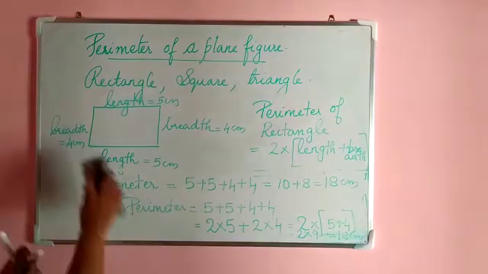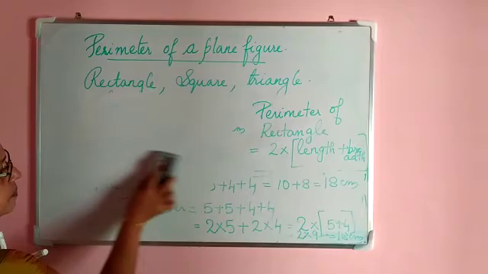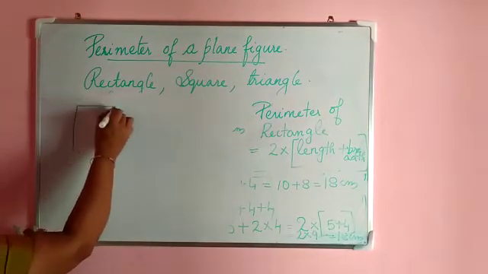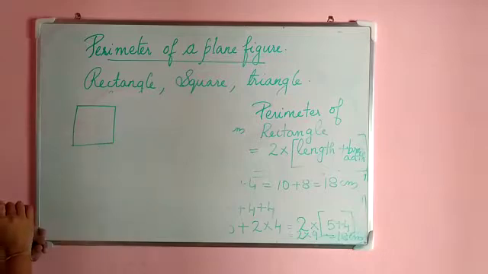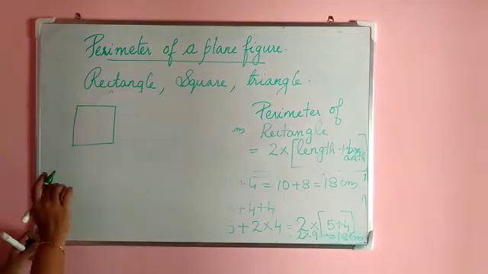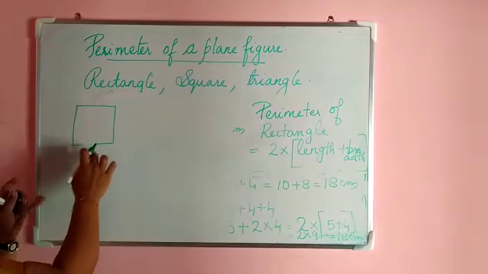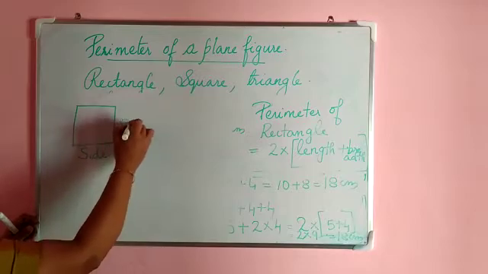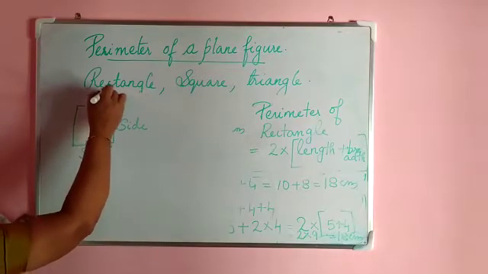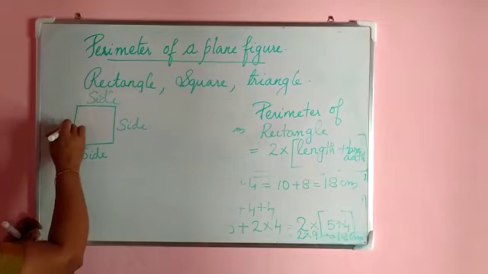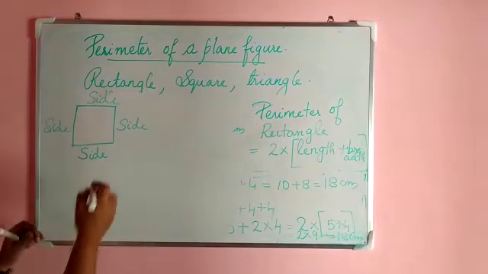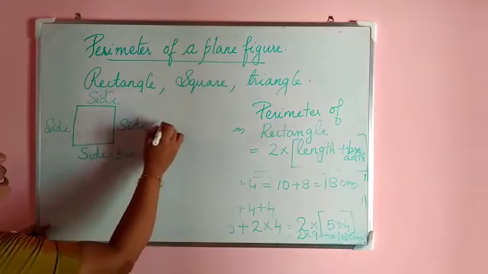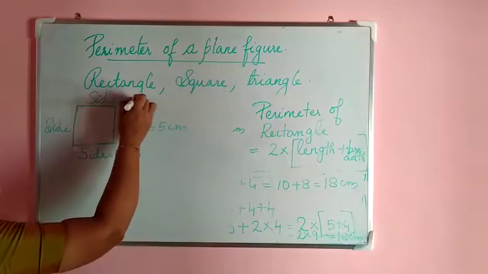Next comes the square. Square is a plane figure. It has all sides equal. So there is no length and breadth. All the sides are equal, so we call it side. Suppose side is equal to 5 centimeter. So everywhere it is 5 centimeter.